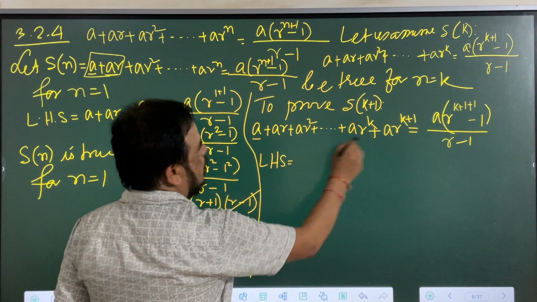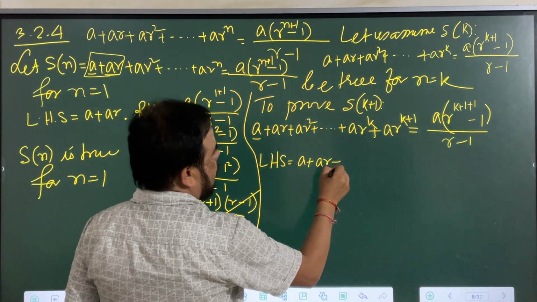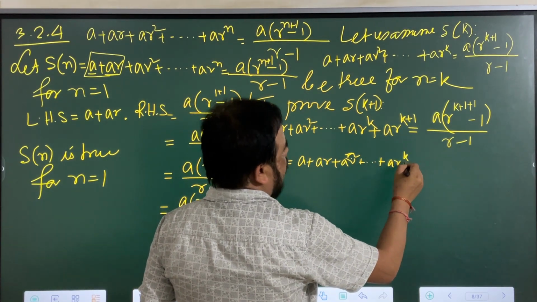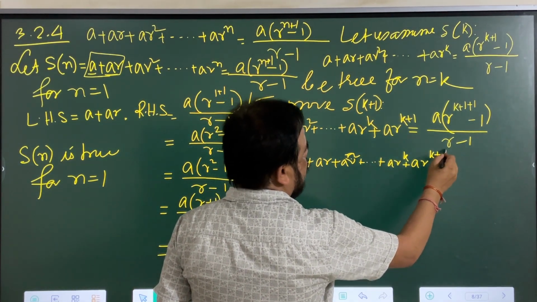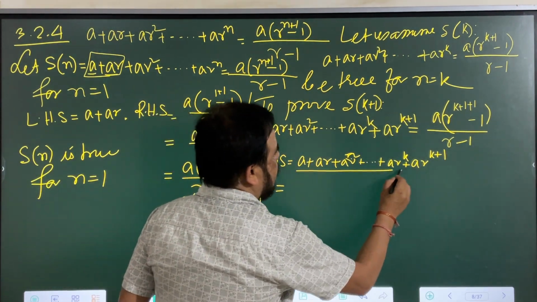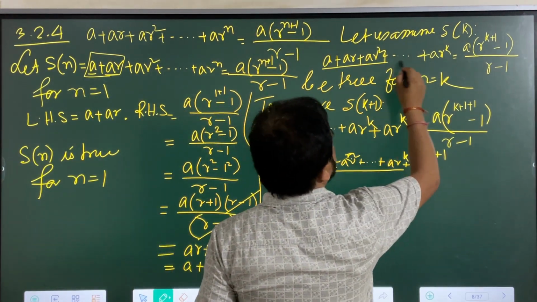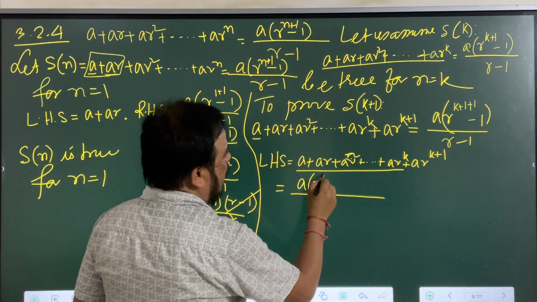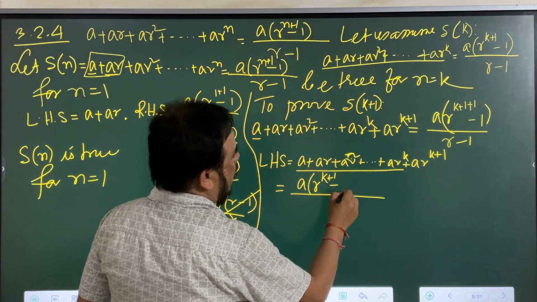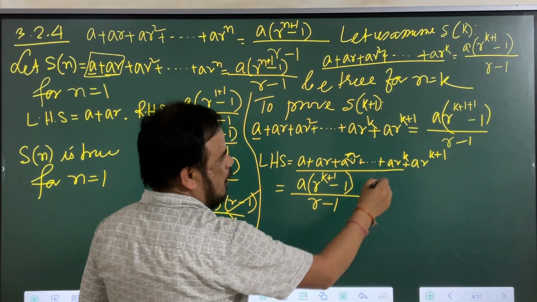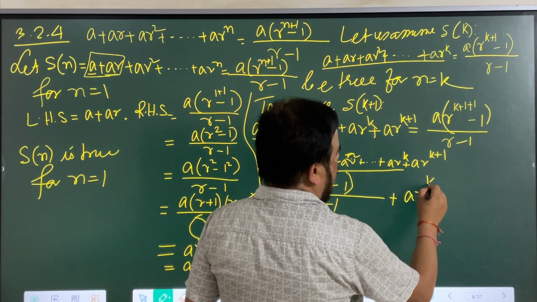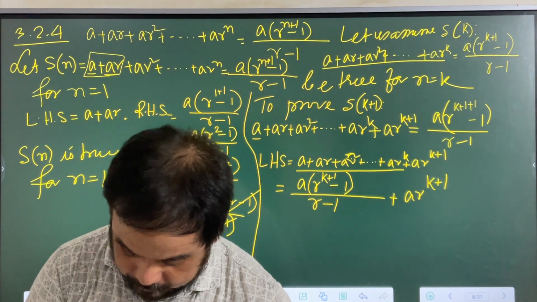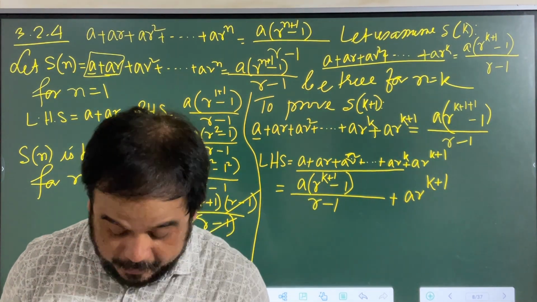LHS is equal to this whole thing, you will write: A plus AR square plus AR to the power k plus 1. So in place of this we can write this: A R to the power k plus 1 minus 1 by R minus 1 plus AR to the power k plus 1.